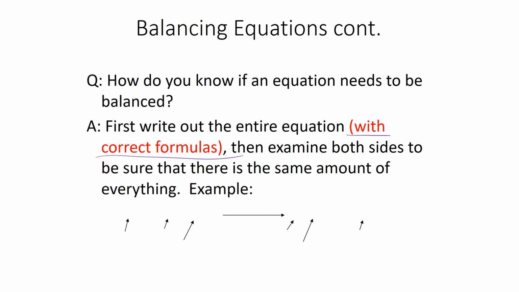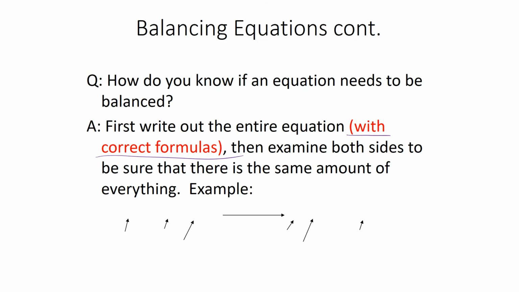I want to drive this home as much as I can. When you write your equation, you don't get to just arbitrarily change the subscript in the formula. You have to use the rules we learned last semester for writing correct formulas, even if that means it's going to throw your equation out of balance. You write the correct formulas first.